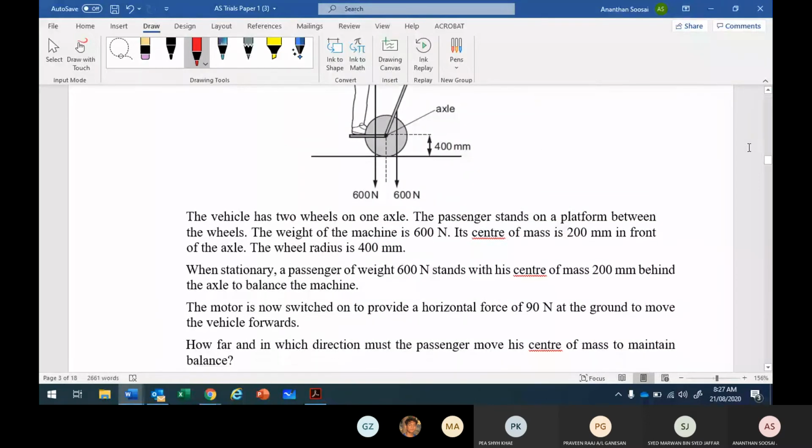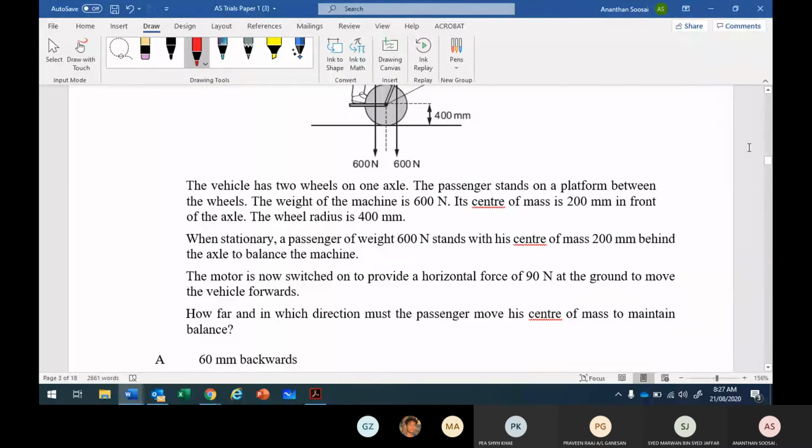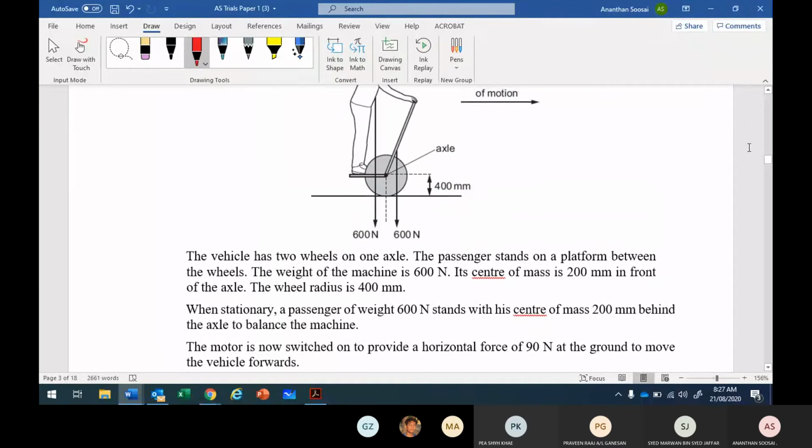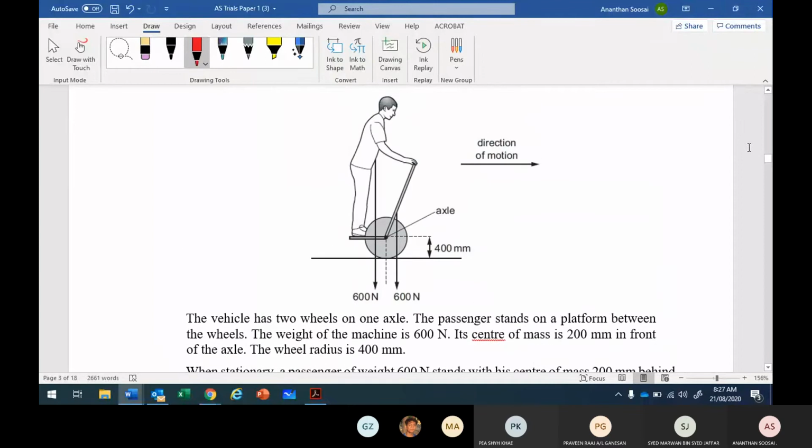The vehicle has two wheels. Its center of mass is 200 millimeter in front of the axle. Okay, 200 millimeter in front of the axle.